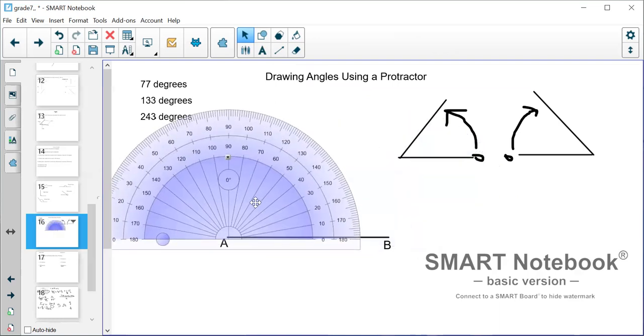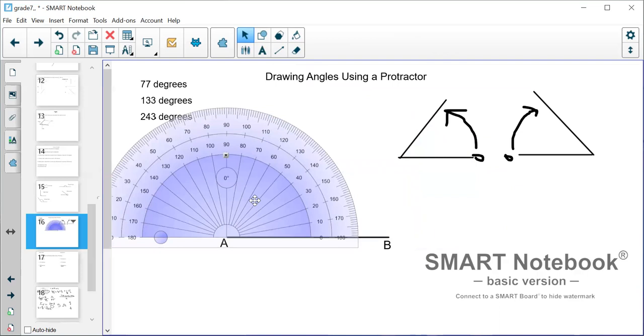So we're working from A. Remember, when you're drawing from A, you have to use the inner measurement, which increases as you go to the left. So first identify 70 on the inside: 0, 10, 20, 30, 40, 50, 60, 70. You find 70, which is this continuous line here.